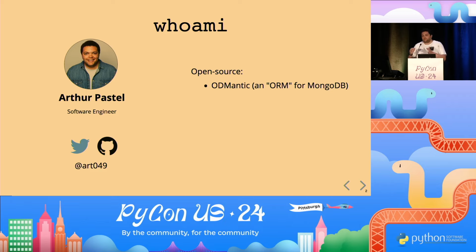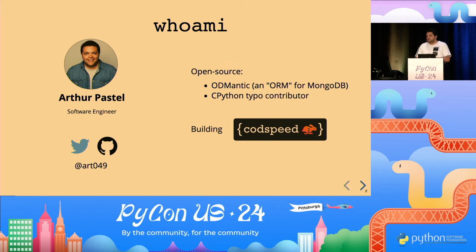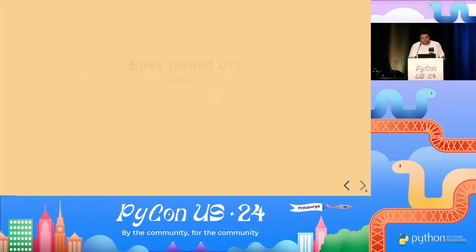This is really what got me started with building AsyncIO applications. Later, I've been a CPython typo contributor, fixing a really tiny thing. And now I'm working on performance and trying to improve it with code speed. But we'll come back to performance later, and it matters a lot with AsyncIO.